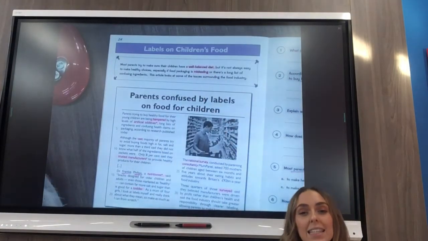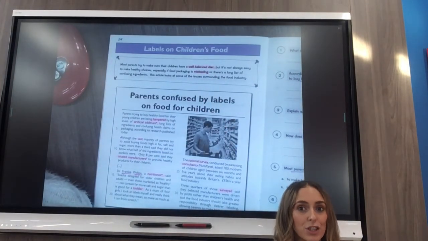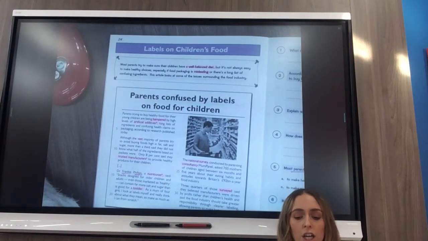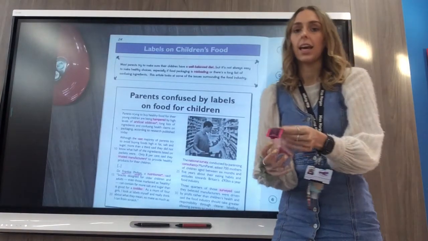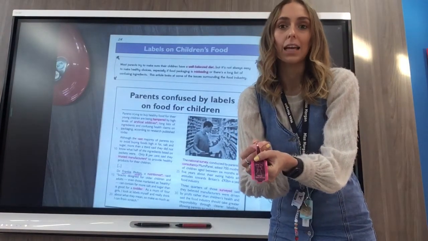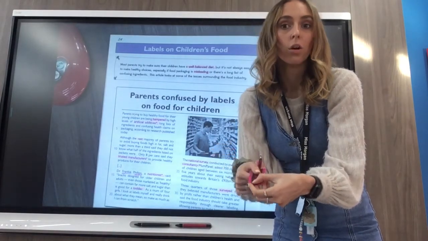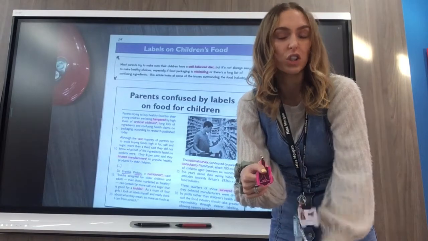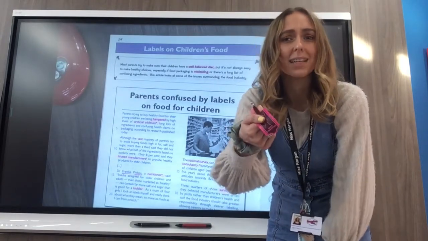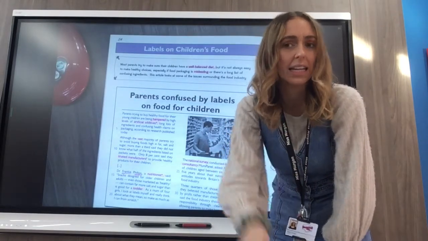So misleading means that you are led into the wrong direction, okay? So I may look at this packet of chocolate and I may think, it's healthy. It doesn't say, warning, do not eat lots of sugar, does it? So that's quite misleading because I might think, oh, I can eat that, it's fine.